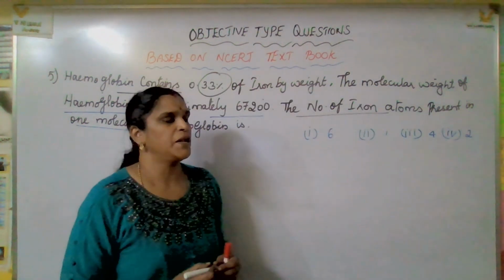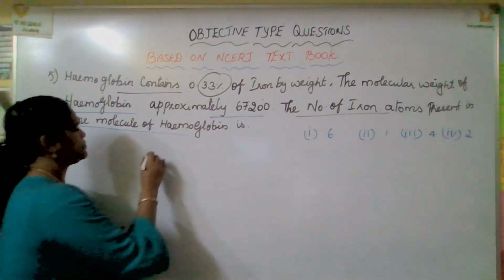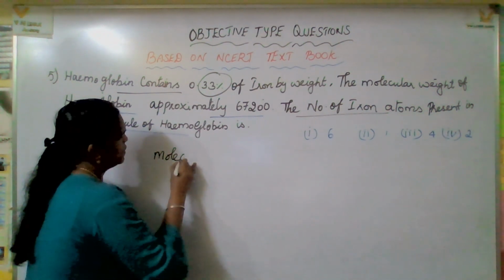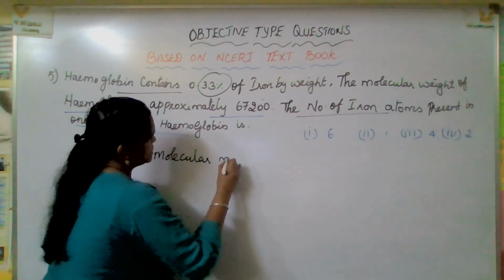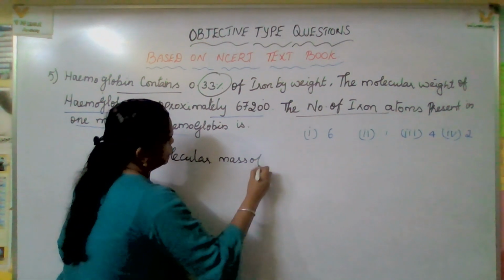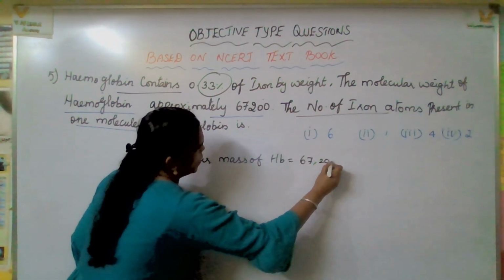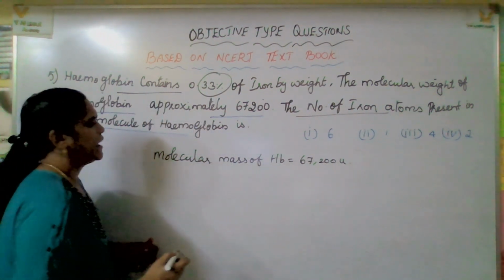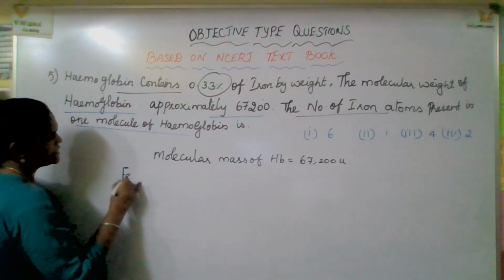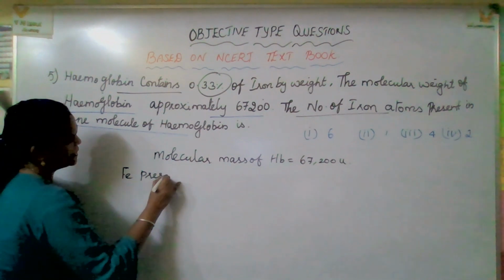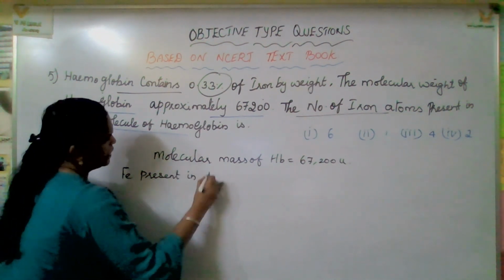This is very simple. Molecular mass of hemoglobin is 67,200 U. Now how much percentage of iron is present in hemoglobin?